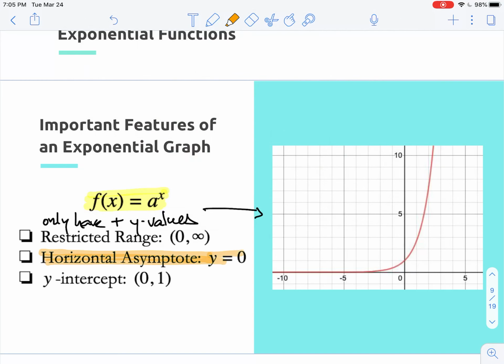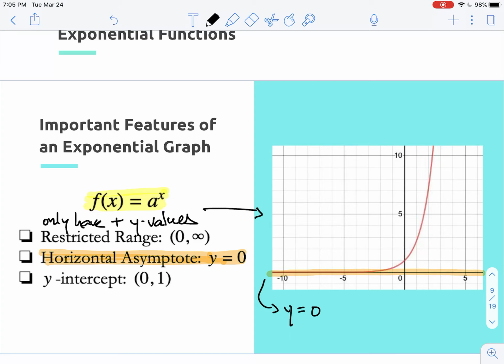That doesn't necessarily show up when you graph it on Desmos or on your graphing calculator, but right here, there is a horizontal asymptote, meaning the function gets super close to this line, this imaginary line that's not part of the function, but it doesn't actually touch it. And the equation of that line is y equals 0.